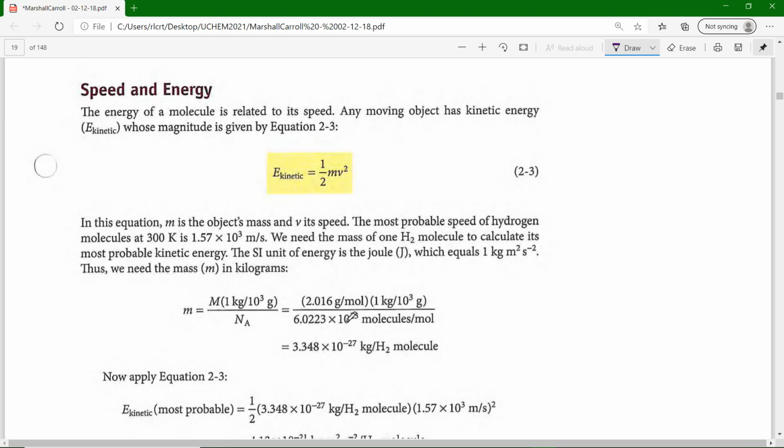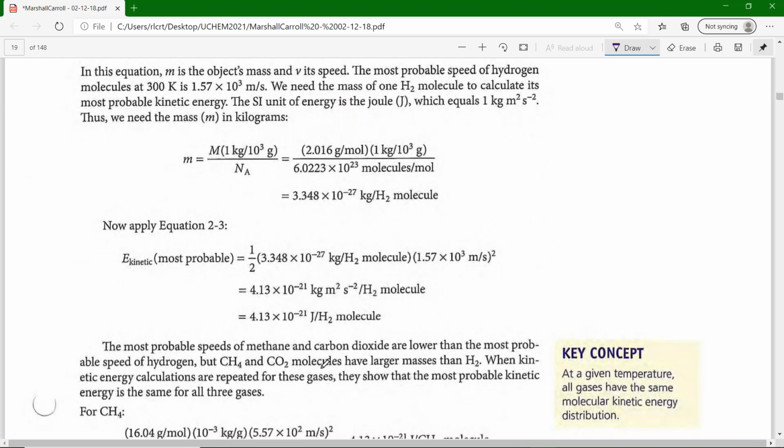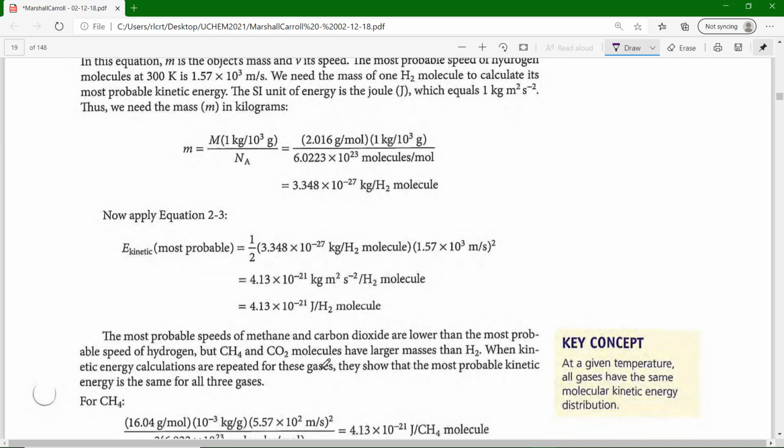So we're going to divide by 6.02 times 10 to the 23. Now this has to be kilograms, not grams, so that you get joules. That's sometimes a tricky thing, you forget to convert grams to kilograms. And you get 4.13 times 10 to the minus 21 joules associated with every hydrogen molecule. That's the most probable kinetic energy.